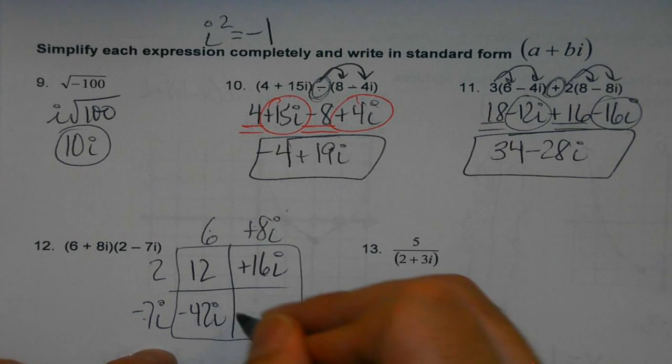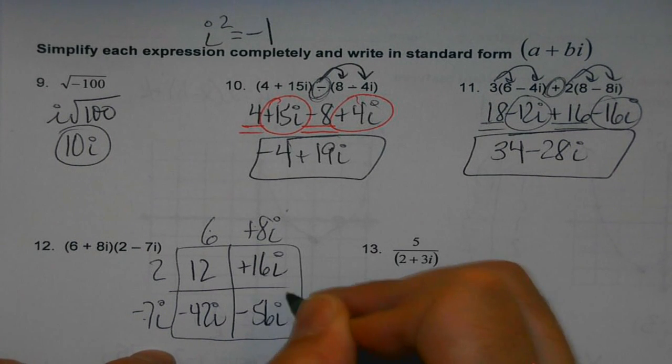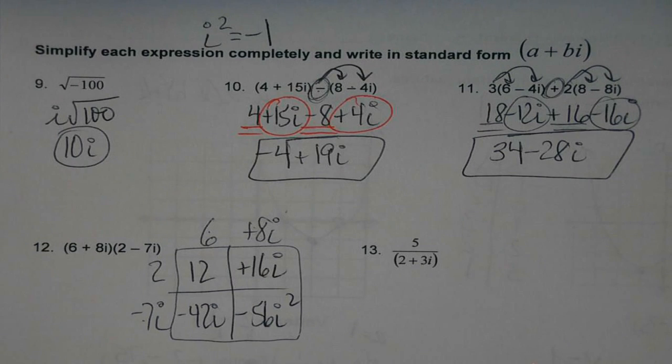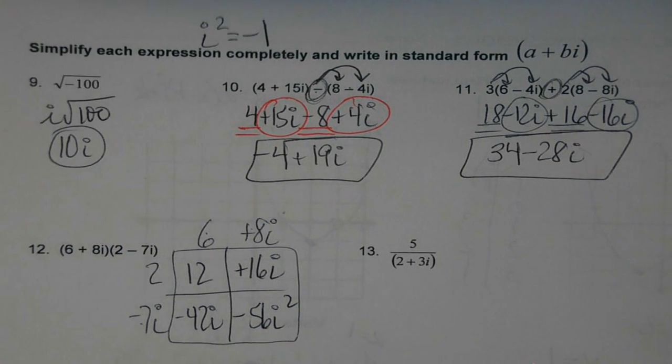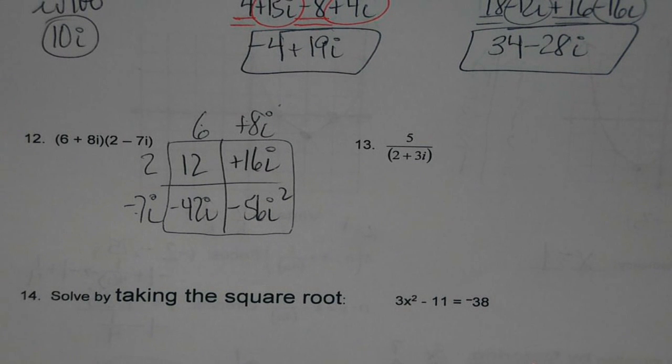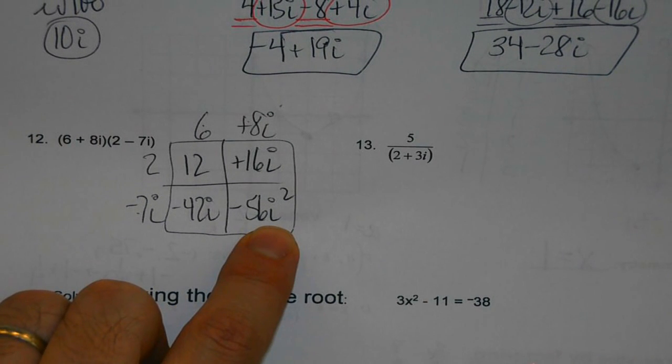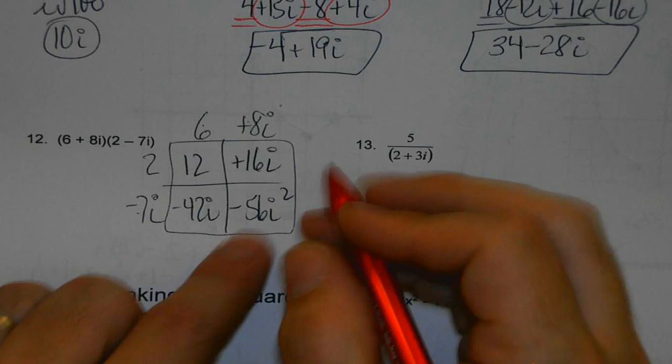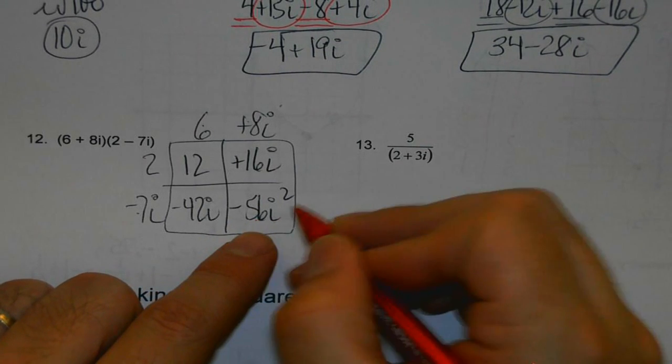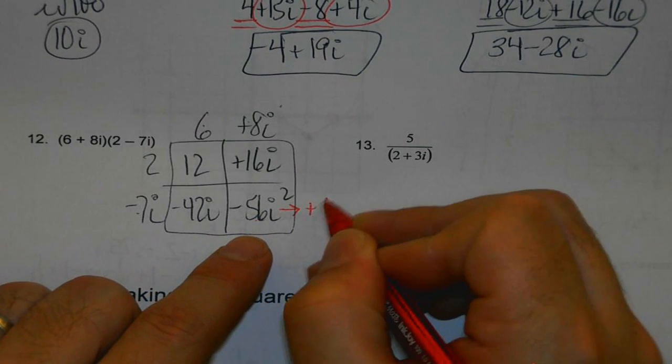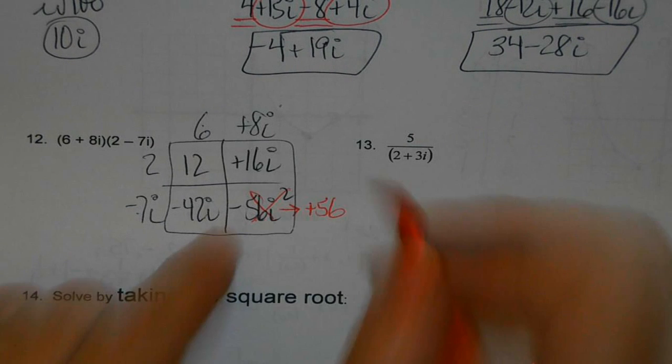The sign slip up would be pretty disastrous here. So I get that there. Remember, i squared is -1. So this is really -56 times -1, which is +56.